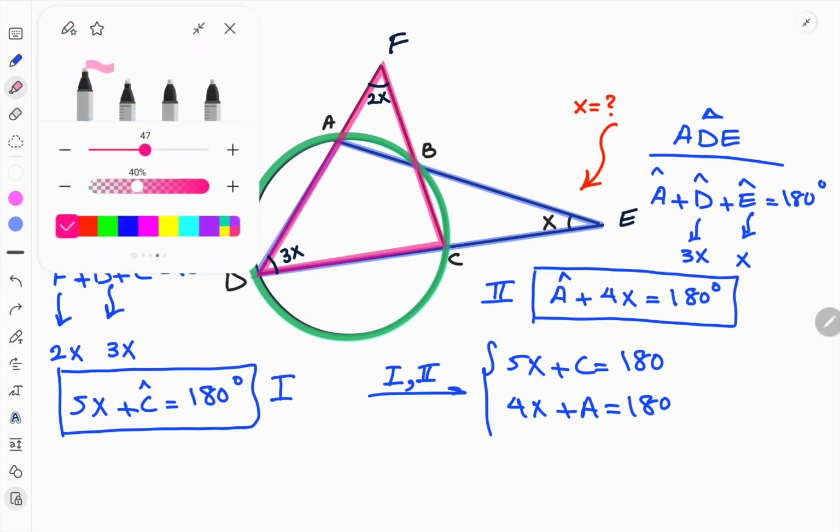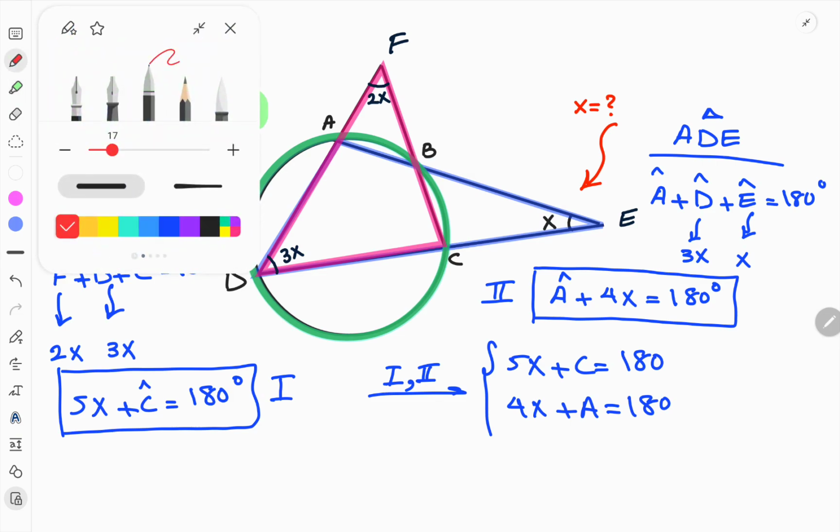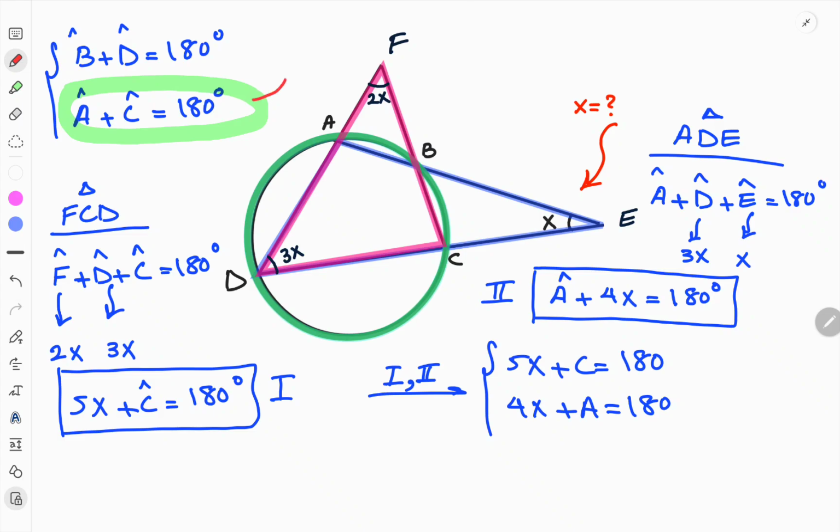We have that A plus C equals 180 degrees. You can rewrite this equation as A equals 180 minus C. In fact, you isolate A.